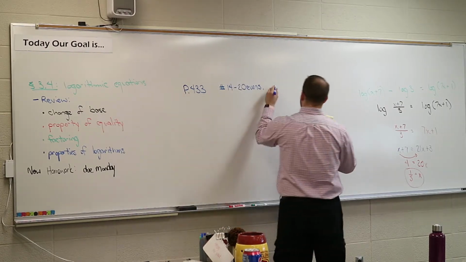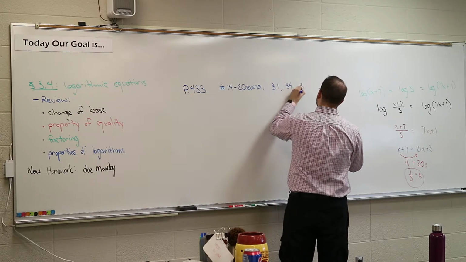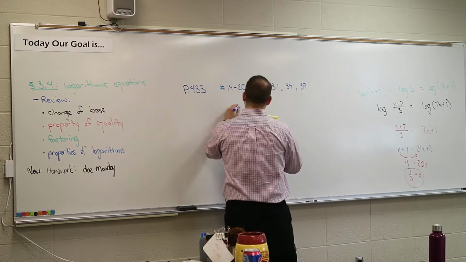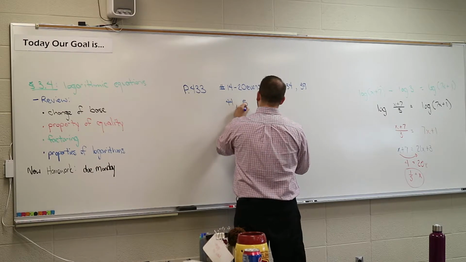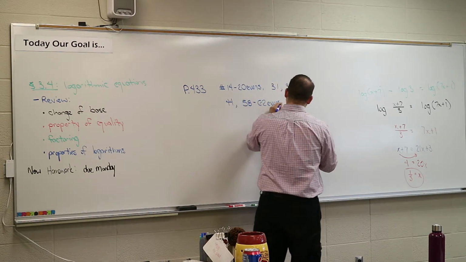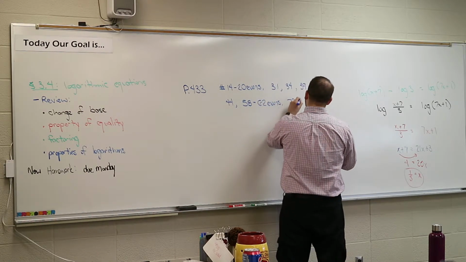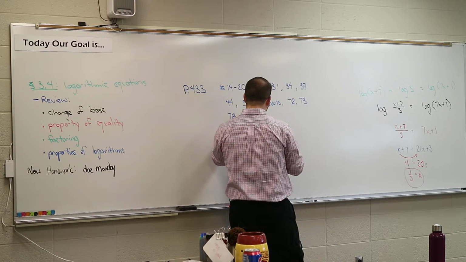You don't need to cut them unless you don't know how to change them. 31, 34, 39. Then I jump to 44. I jump to 58 through 62, the evens only. 72, 73, 78, and 81.